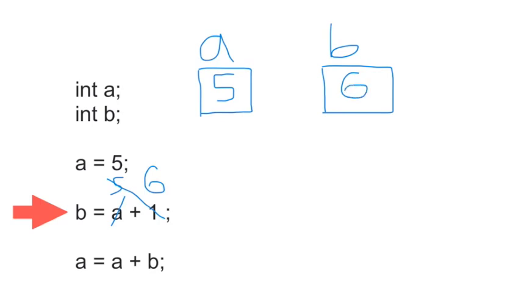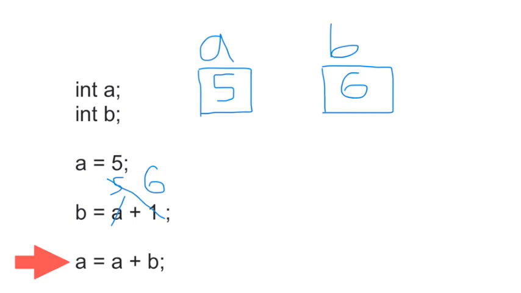Now we can move on to the last line of the program. So this statement says that a gets the value, the existing value of a plus the existing value of b. So first we evaluate the expression on the right, a plus b. In other words, this.